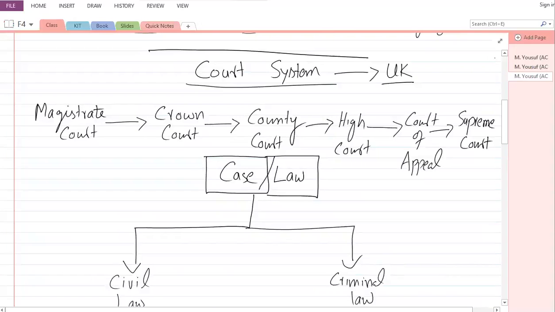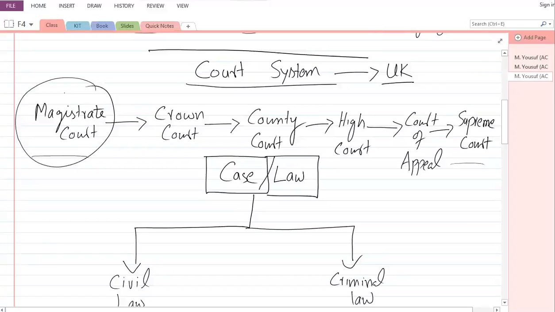We can see there is a magistrate court, a crown court, county court, high court, court of appeal, and supreme court. All these are important courts. This is the hierarchy. The lowest court is the magistrate court and the highest court is the supreme court. So the hierarchy starts from the magistrate court and ends at the supreme court in the UK. We will start with the lowest court, that is the magistrate court.